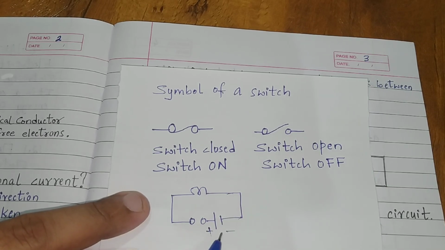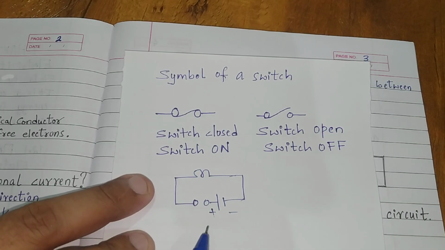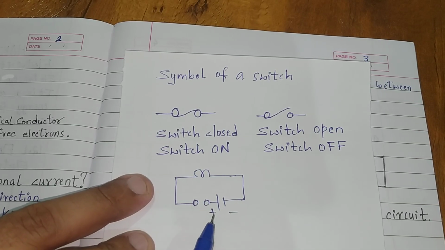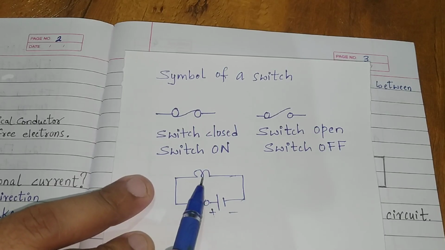So in a circuit, see, plus minus potential difference, a cell or a battery, combination of cells or a battery. Here, an electric lamp, an electric bulb.